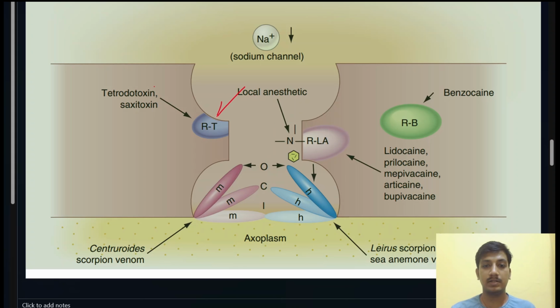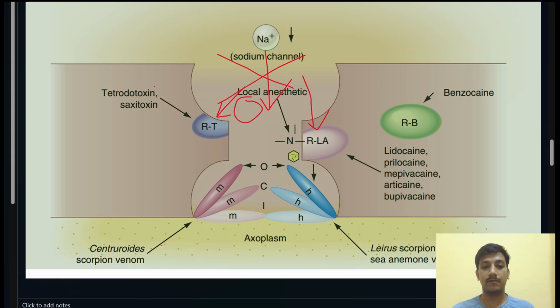This is the receptor on the outside of the membrane, which gets occupied and blocks the sodium channel, and therefore there is the conduction blockade, or sodium influx is interrupted.